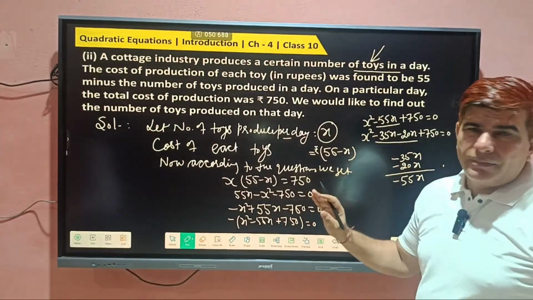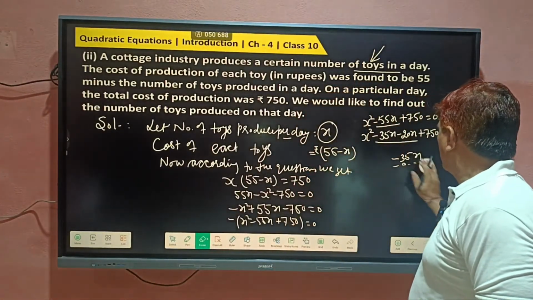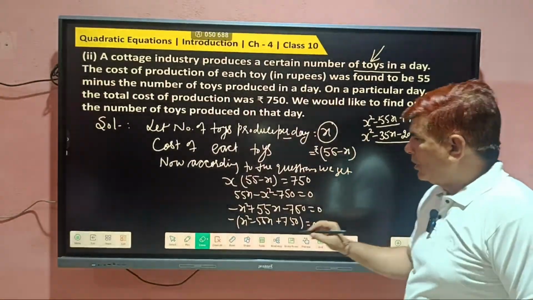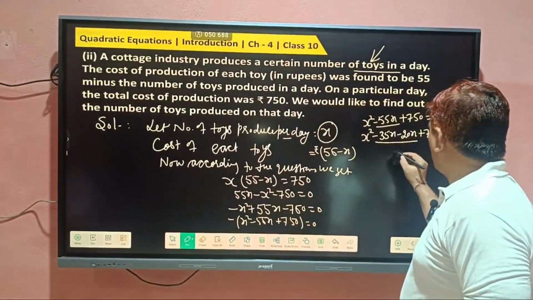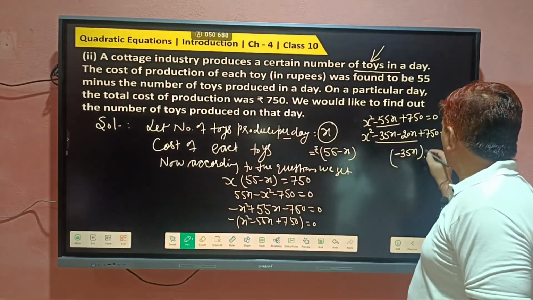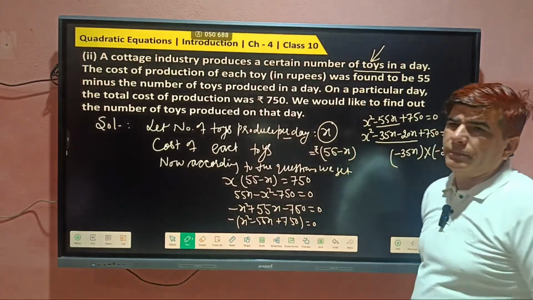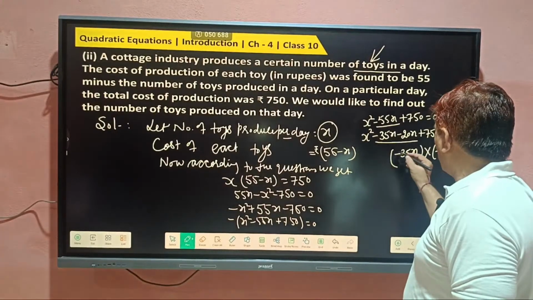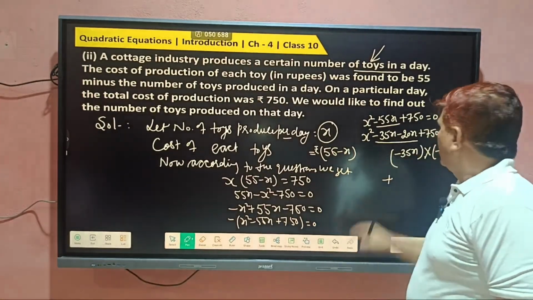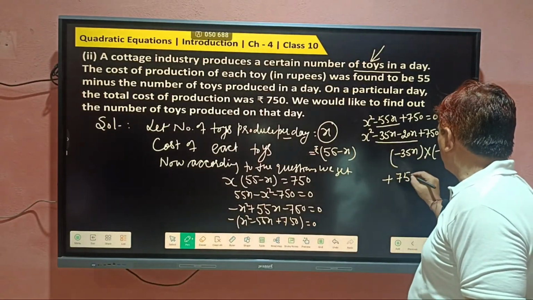Which one is the first step? This. The second step is their product. Whose product? These both. Minus 35x into minus 20x. So minus multiplied with minus becomes plus. 35 multiplied with 20 is 750.